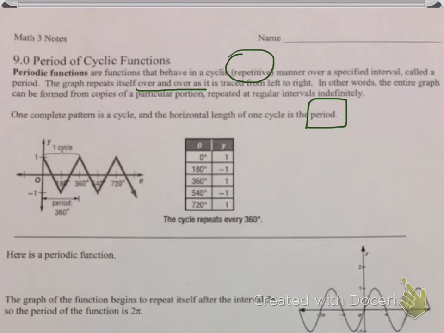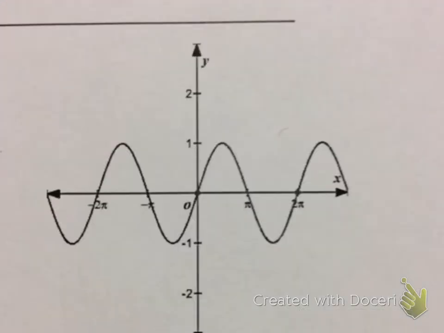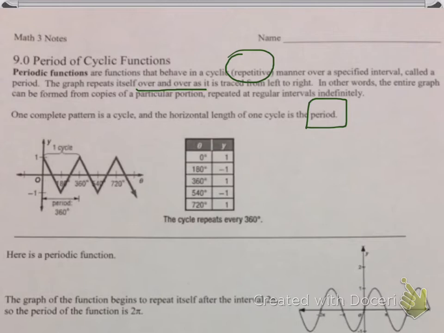So what we're going to do is look at this graph of this function, and decide what the cycle is of this graph. You can see that this graph goes down and then up, down and then up, and then down.